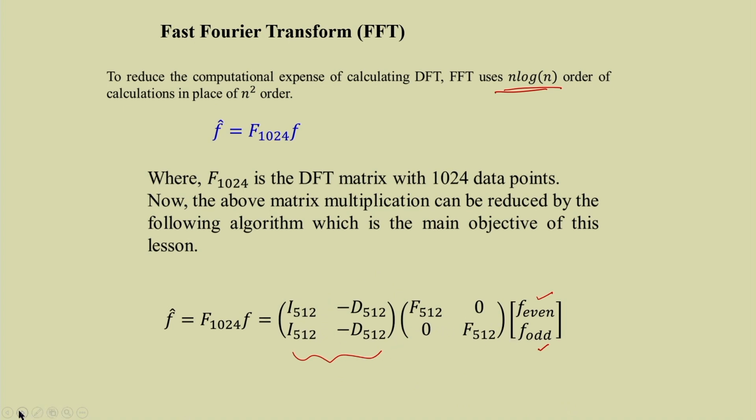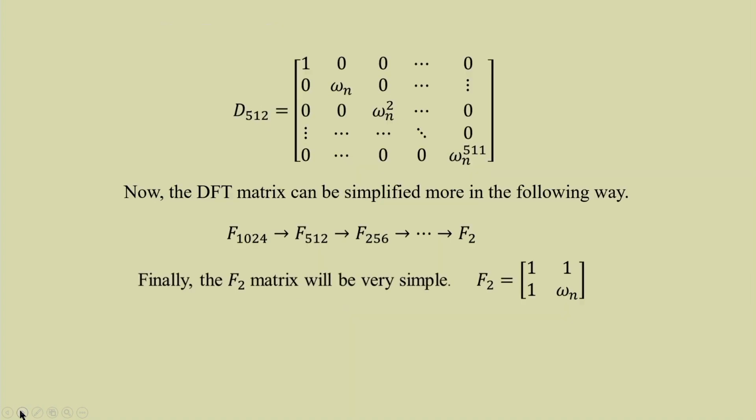Again, this 512 can be further reduced and written in this form, starting with 0 to 511, the same matrix you have seen.